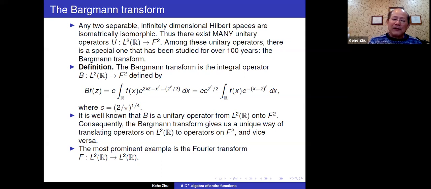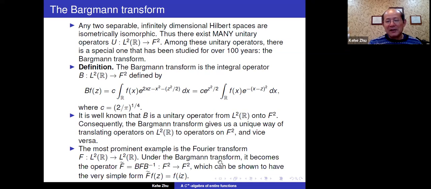So what I first computed when I got interested in this is that I think of the Fourier transform as a bounded operator on L2, and I want to see what this operator will look like on the Fock space F2 after the Bergman transform. You remember the Bergman transform takes any bounded linear operator on L2 to a bounded linear operator on F2. So what is its equivalent form on the Fock space?